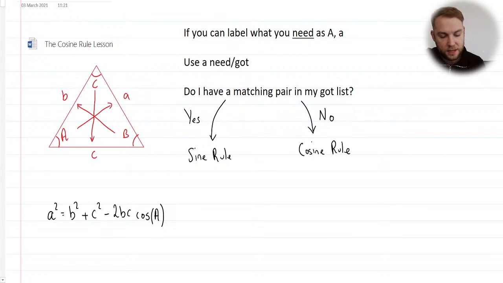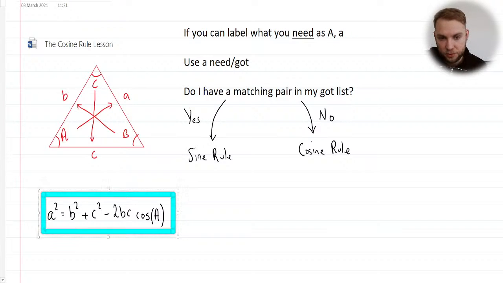That's probably the most important part, you do need to know that, don't you? Sorry, this is for sides, I probably should have said that. This is the cosine rule for finding a side.